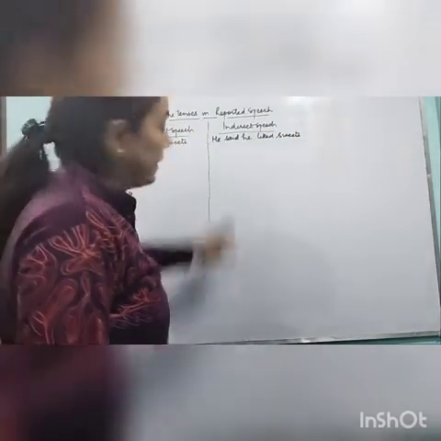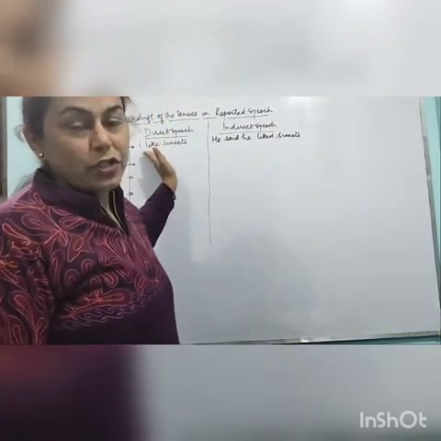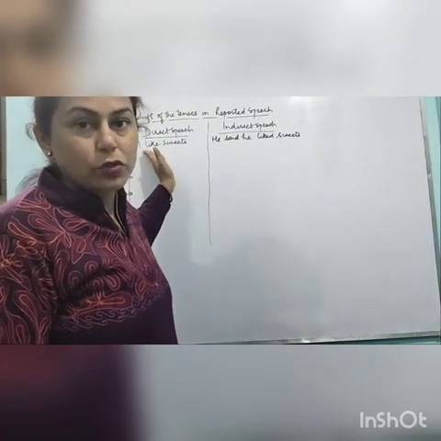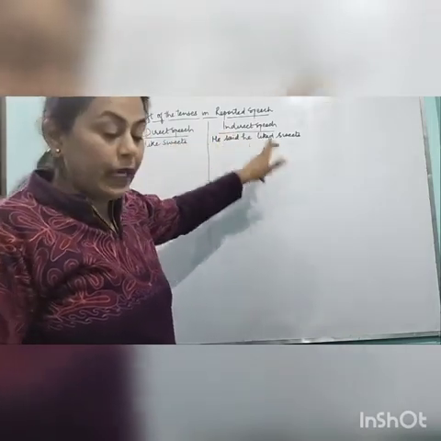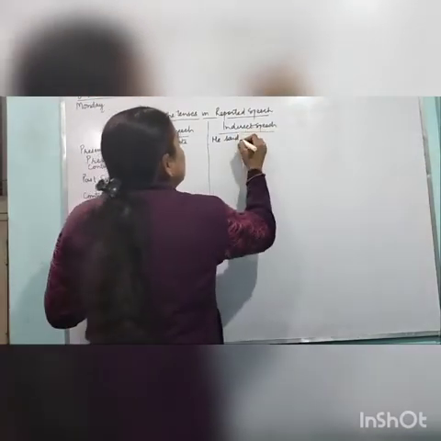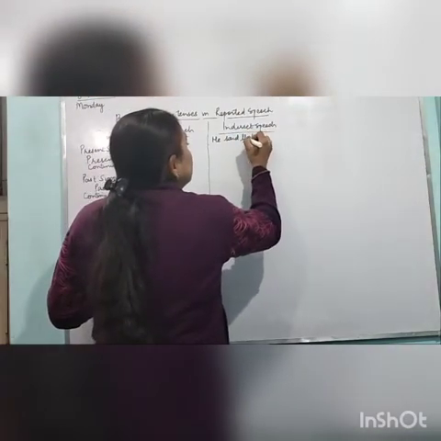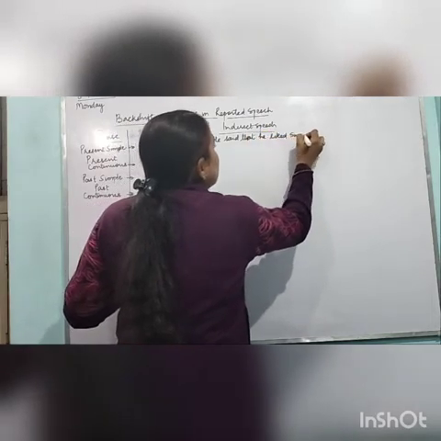Clear? He or she, whatever, we can use, because it is not mentioned whether the girl or boy is saying it. So you can write he or she. He said that he liked sweets. That add हो जाएगा इसमें. Simple.